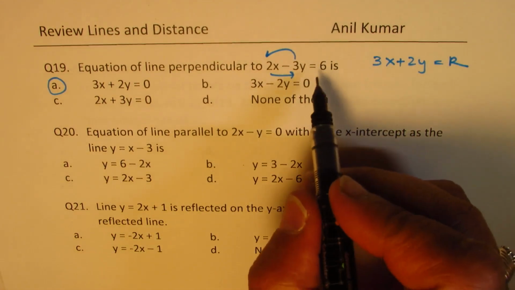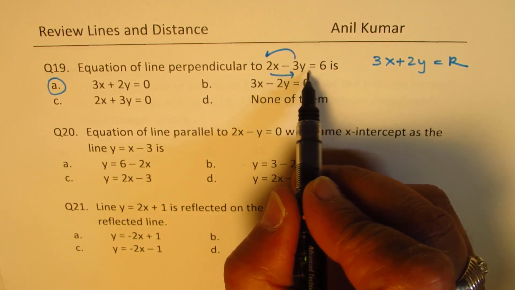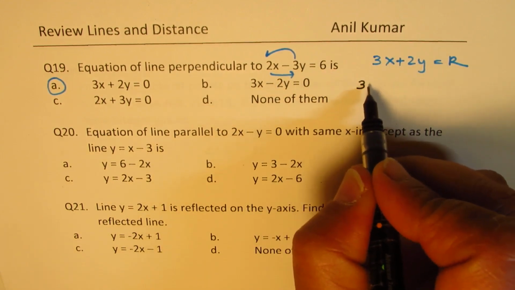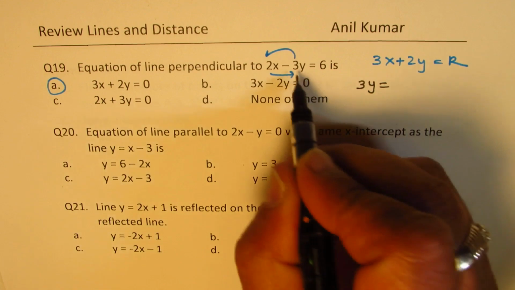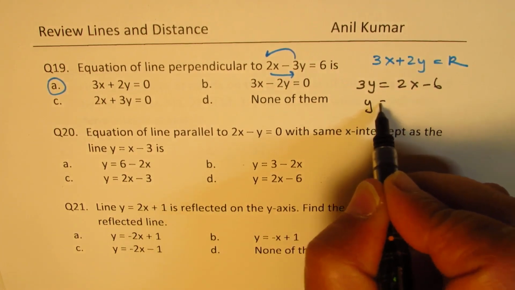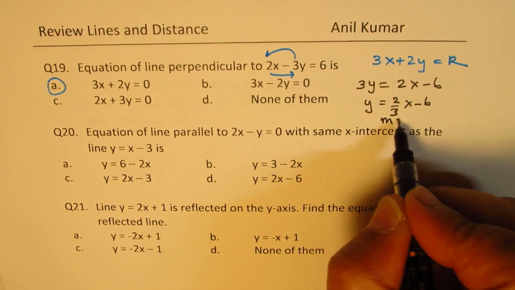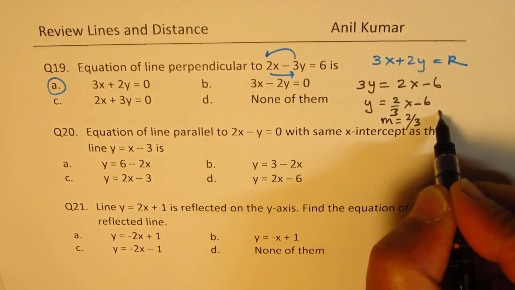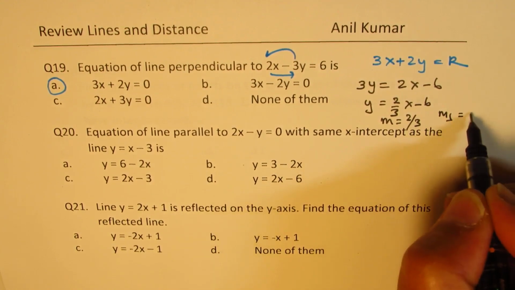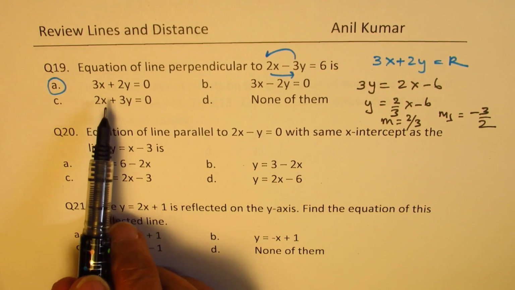The alternate method, of course, is you can find the slope. For this line, you could rewrite this as 3y, taking it on this side, equals to 2x minus 6, y equals to 2 over 3x minus 6. So the slope here is 2 over 3. For the perpendicular line, we are looking for a slope of minus 3 over 2. So let's look into these equations.